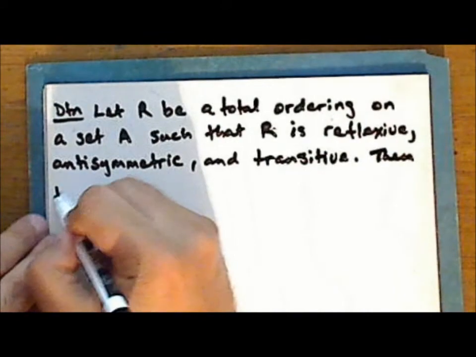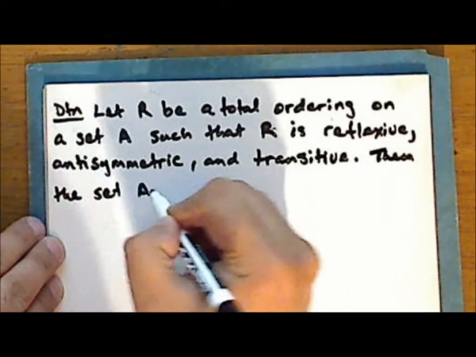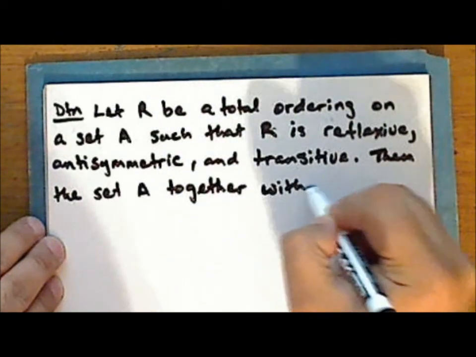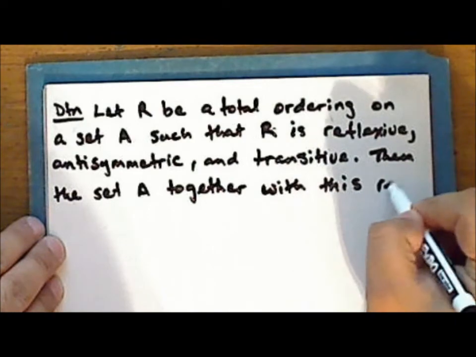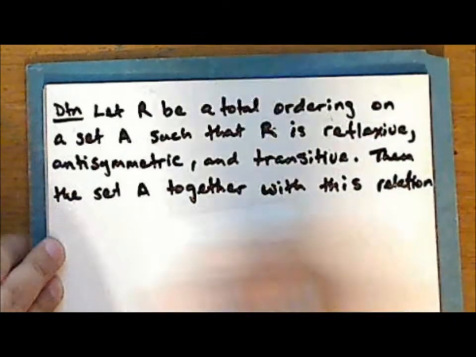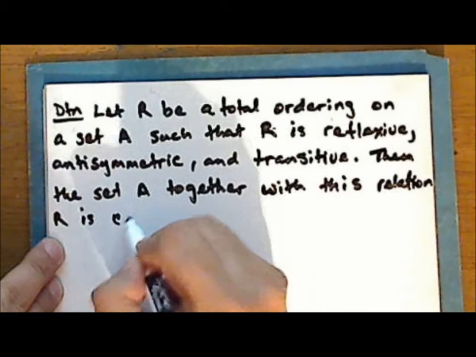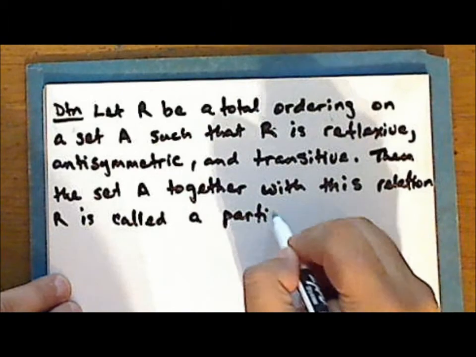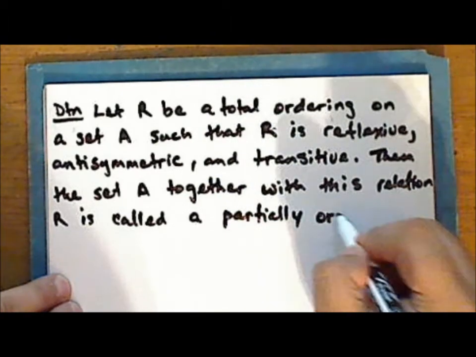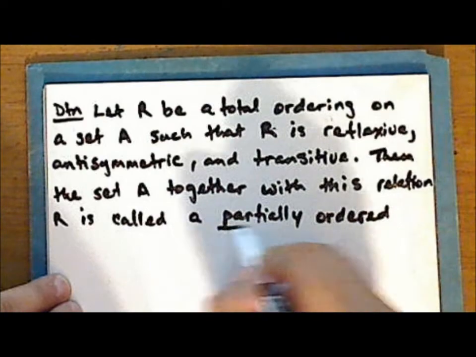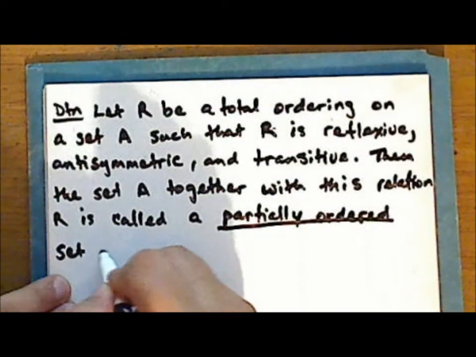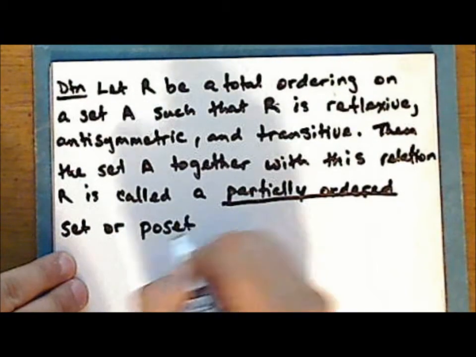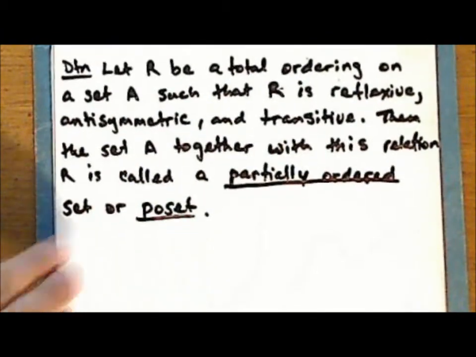Then the set A, together with this relation R, is called a partially ordered set, or often it is abbreviated as a poset. Okay?